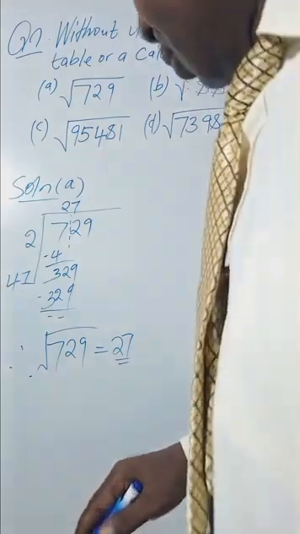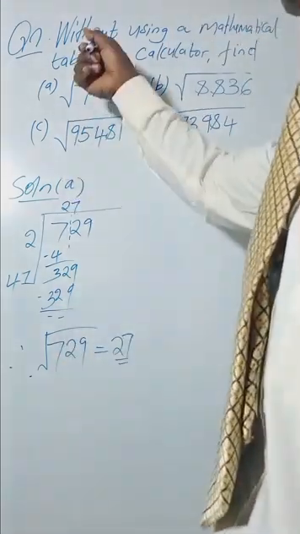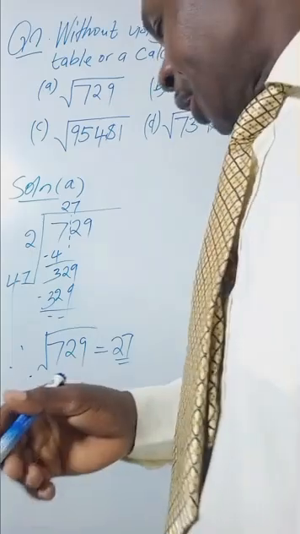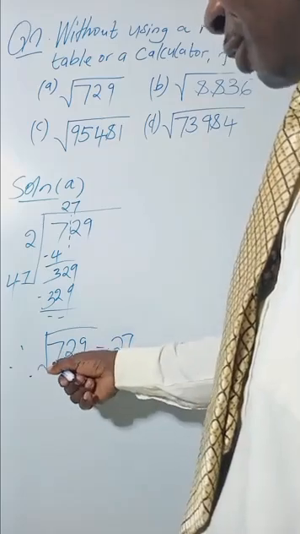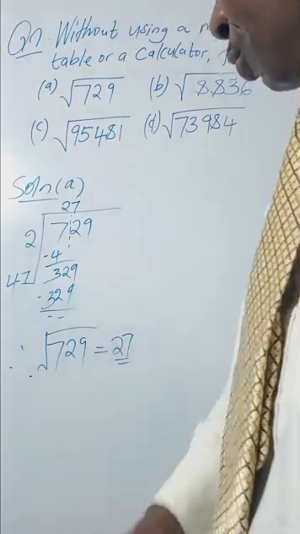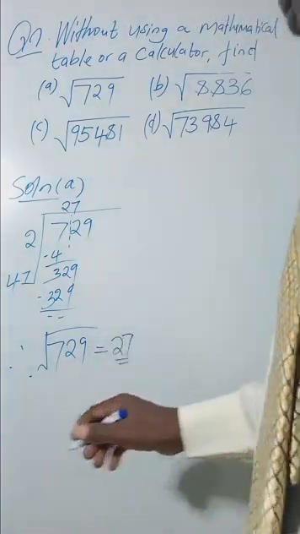You can check this answer using your calculator. Here it is without, but you can hide yourself somewhere and use a calculator and see if the square root of 729 gives you 27. Thank you for watching this part A.